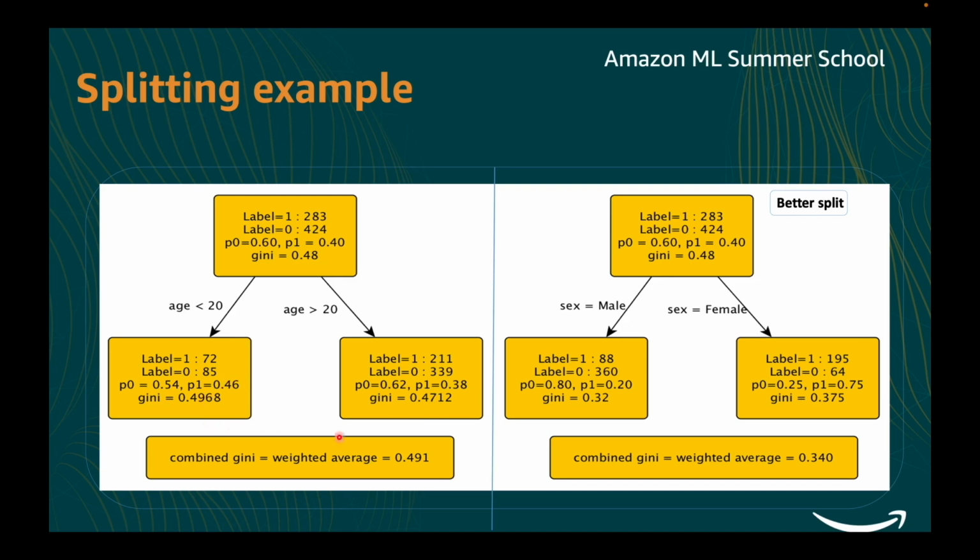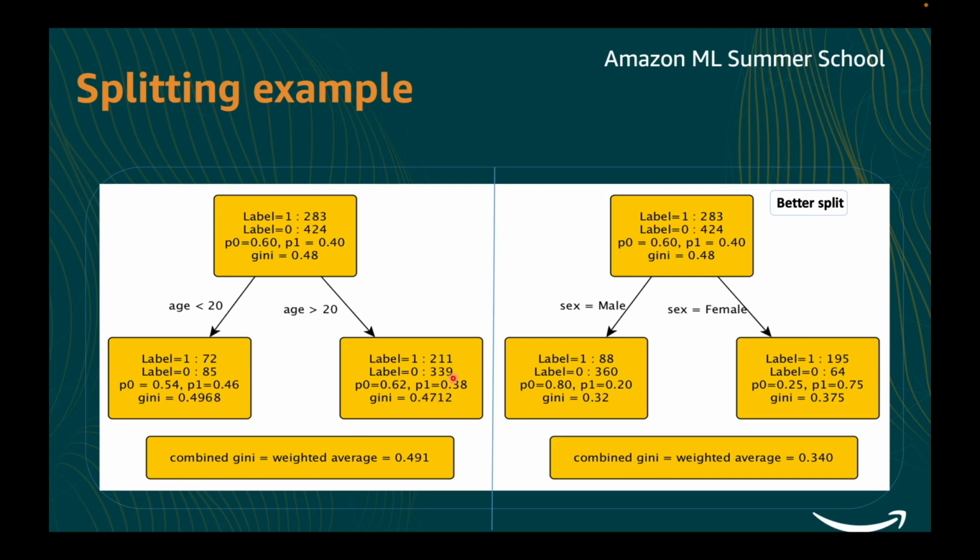The weighted average takes as weights the fraction of the total falling into each node: 72 plus 85 divided by the total is the weight, which you multiply by the Gini impurity of that node.